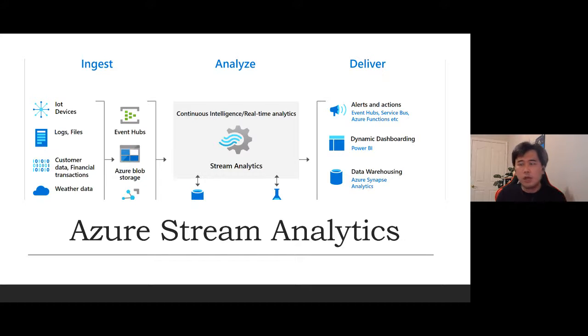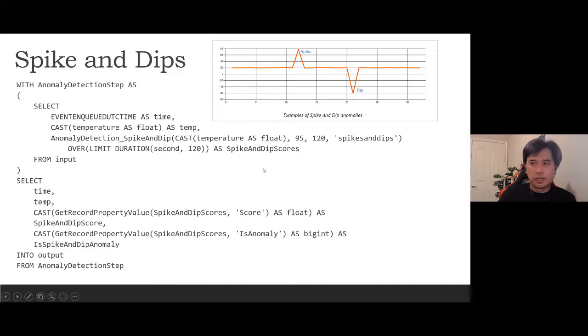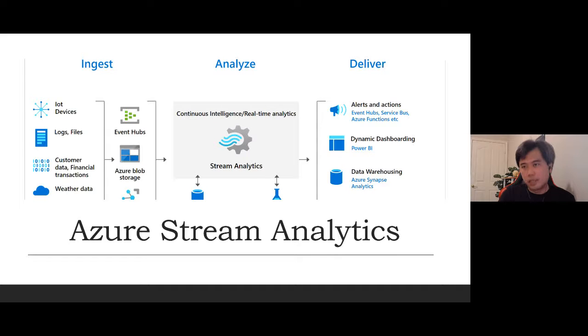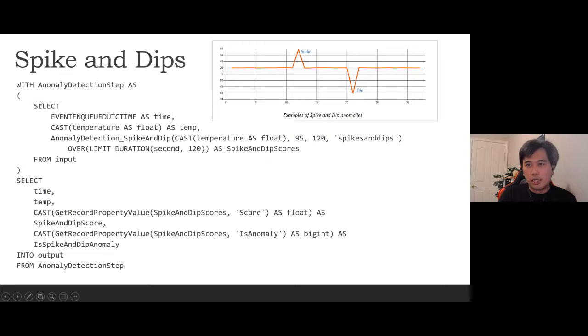I'm not going to focus on this one today, but I wanted to give you an idea of how you would use it in the context of stream analytics. So as you receive your data from the cloud, or you can actually deploy these on the edge now too, you have this algorithm called anomaly detection spike and dip.